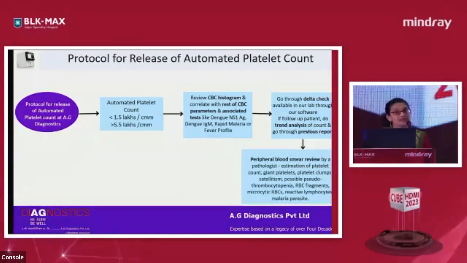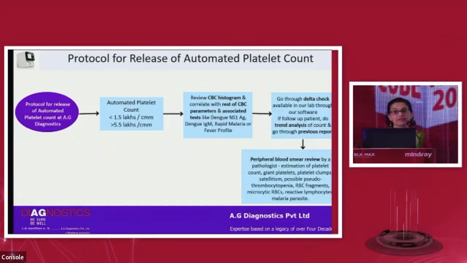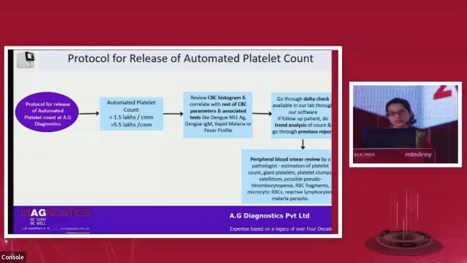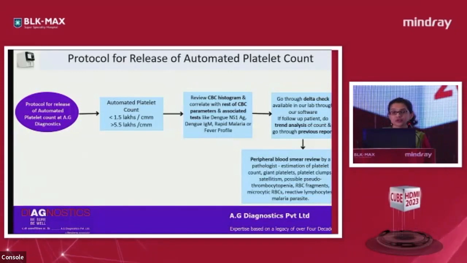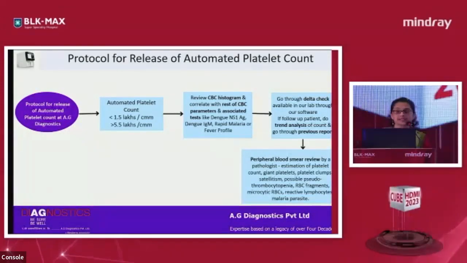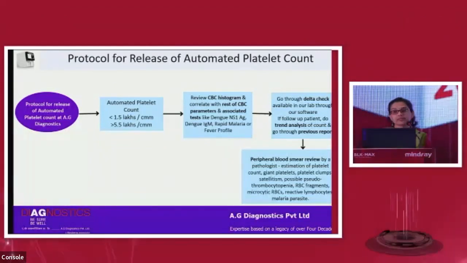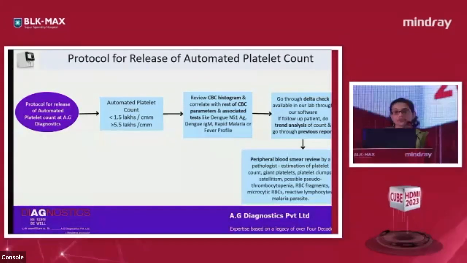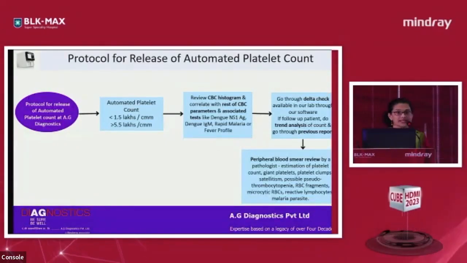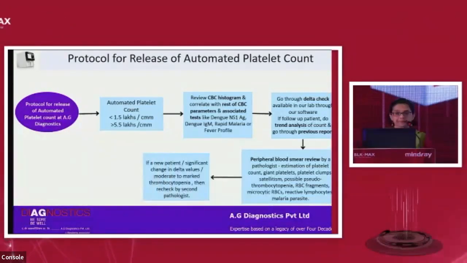A peripheral blood smear review is done by a pathologist where we correlate the platelet count and look for large platelets, giant platelets, platelet clumps, satellitism, possible pseudothrombocytopenia, presence of microcytic RBCs or RBC fragments giving possible interferences, and associated findings: reactive lymphocytes, malarial parasite.